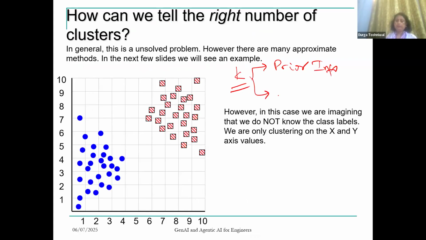Otherwise, we have to decide how many clusters we need to form. So let's say we have this given set of points. As you can see here, there are two natural groups in the data, one shown in blue circles, another shown in red hashed squares.